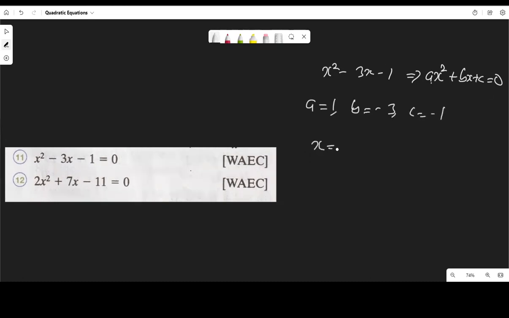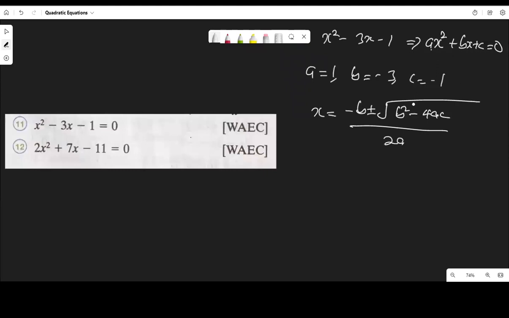The quadratic formula says x is equal to minus b plus or minus the square root of b squared minus 4ac over 2a. Substituting these values, I have x equal to minus 3. I have a minus on b, but my b is already minus 3. That's why I have the minus.